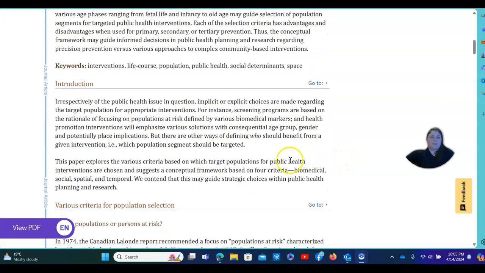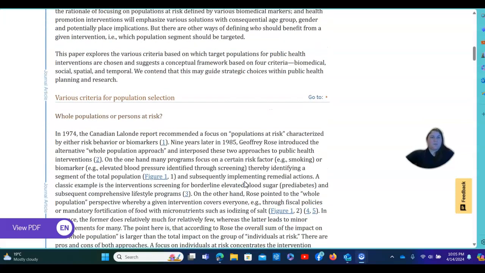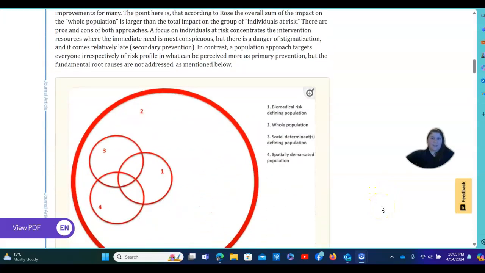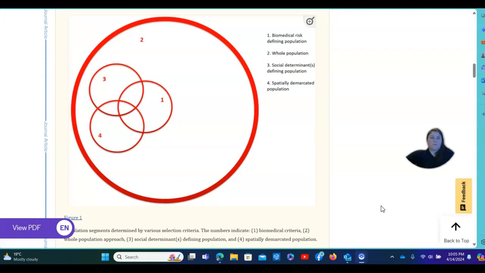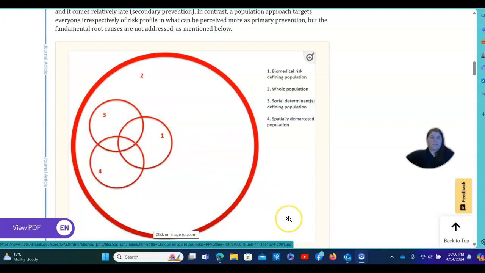So this article goes through and looks at different criteria for selecting your population for your program or your health education curriculum. They go through and discuss whole population versus those at risk. And the figure here is looking at, okay, we've got a population, and then we have your group that you could look at because they have some sort of biomedical risk.